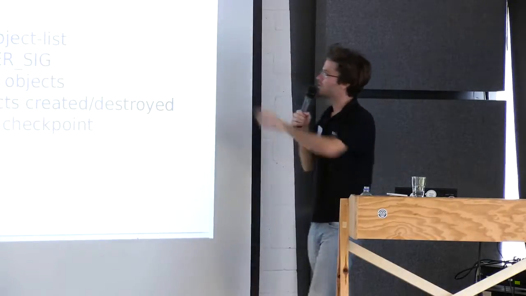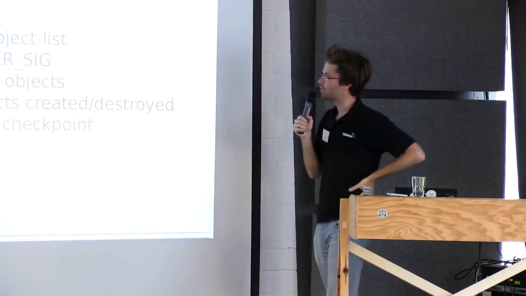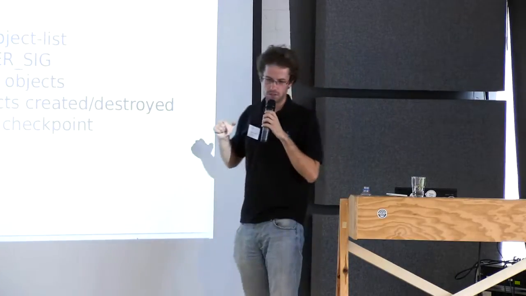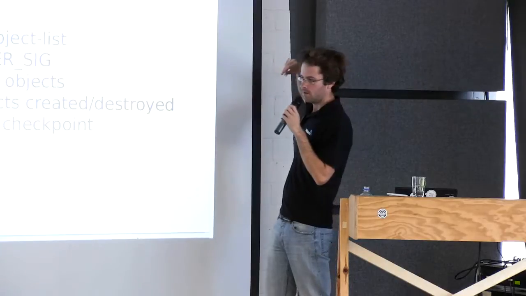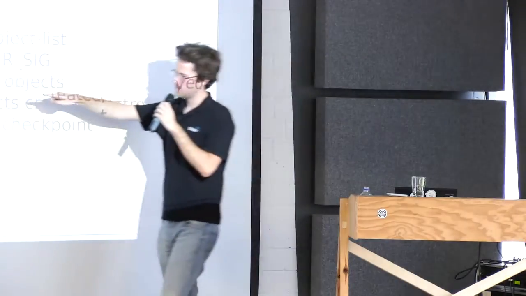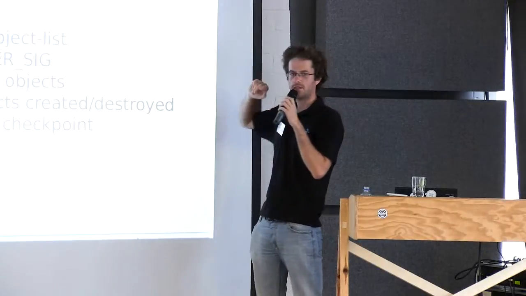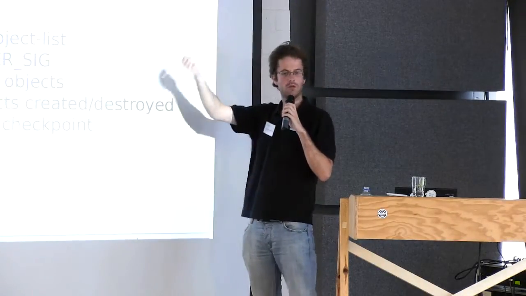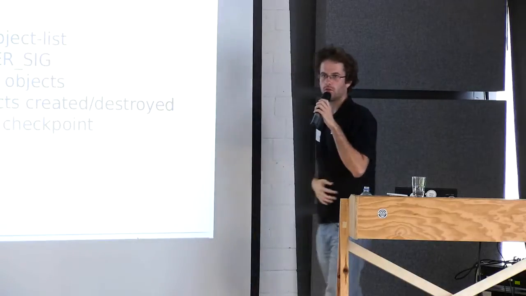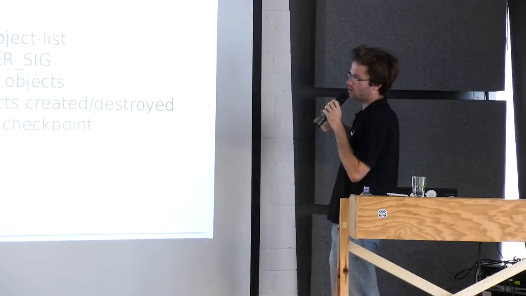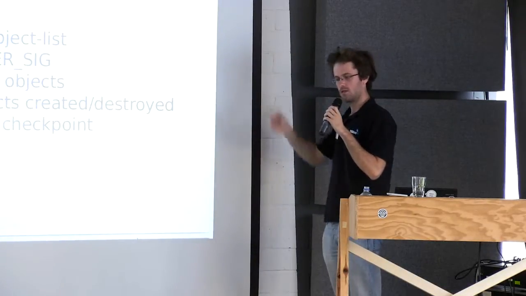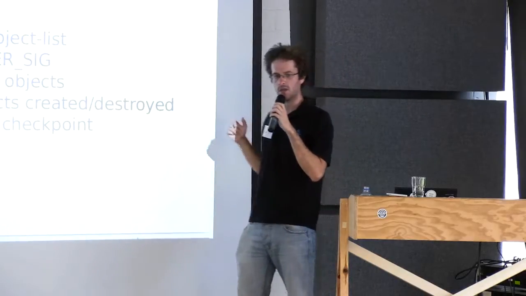And the other signal is to use what I call checkpoints. You create a checkpoint by sending this signal, and the second time you send this signal again, you will see the delta between all the objects which have been created and destroyed. So it may be useful if you want to see what's going on between two specific actions in your application.